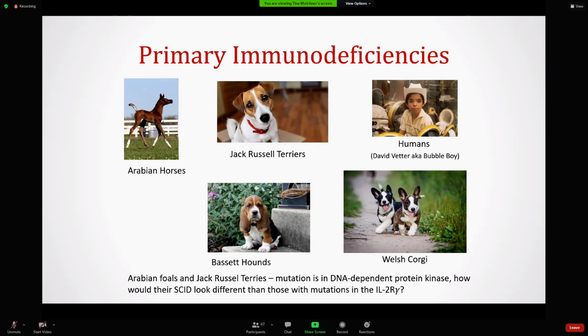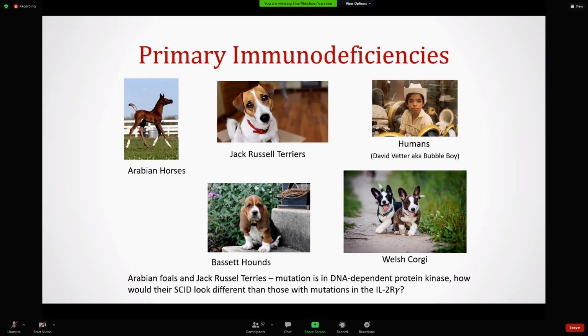And then you need to know that the DNA-dependent protein kinase is an enzyme that they need for their T cell receptor rearrangement. So basically what's different between the SCID in these different breeds is that those that have the mutation in the protein kinase, the defect would occur much earlier during the maturation of B and T cells, when they rearrange their receptor.